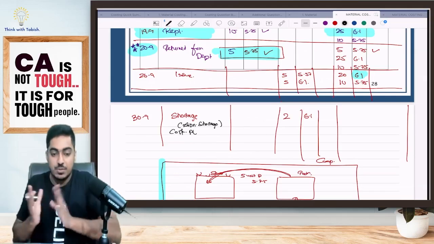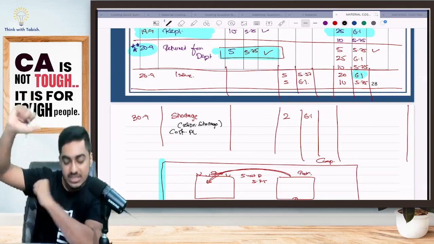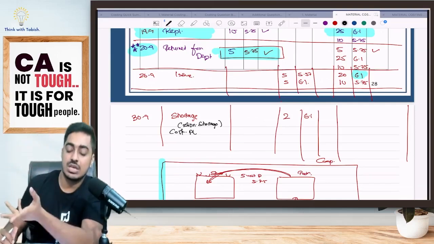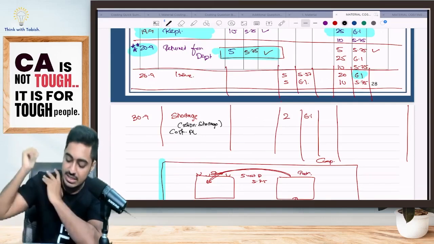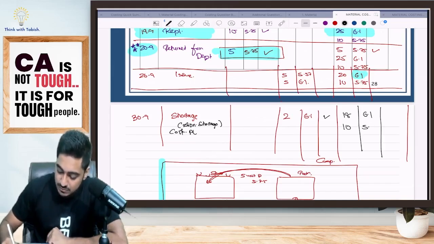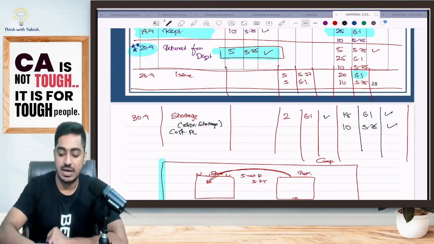I'm following FIFO. 20 units at the rate 6.1 were there, and 10 units at the rate 5.75 were there. I lost 2 units. Which units did I lose? FIFO, the first units, that is 2 units at the rate of 6.1. That means I have 18 units at the rate of 6.1, and again, fresh, 10 units at the rate of 5.75. Based on that, I can accordingly update my balance.